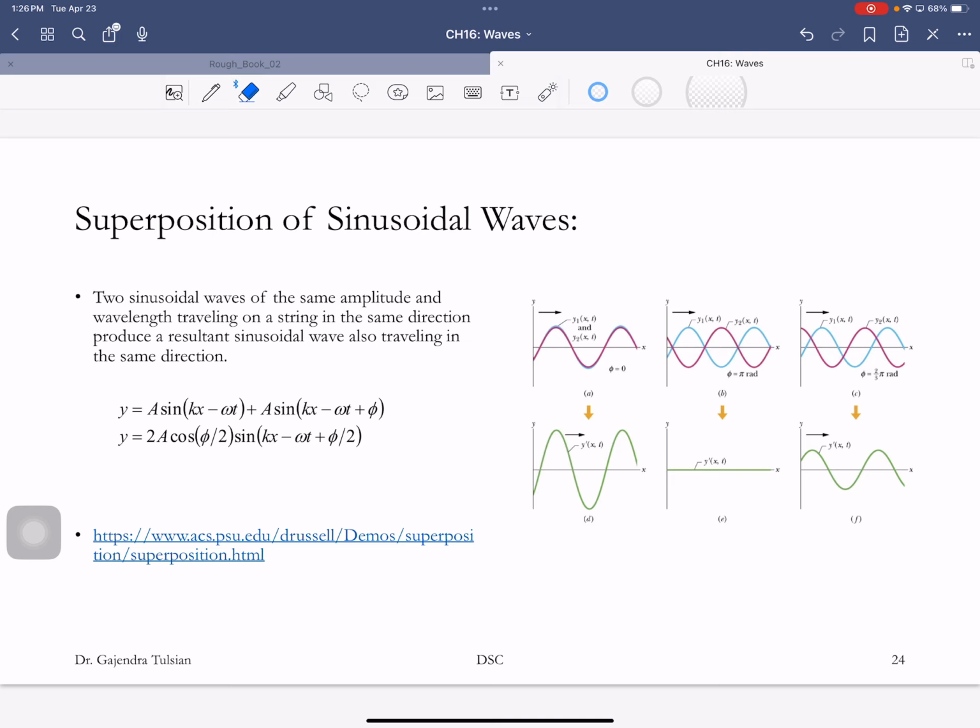So what are we doing here? Here is a wave traveling to the right. What is this one? A wave also traveling to the right with some phase shift. The wavelength and the frequency are the same.